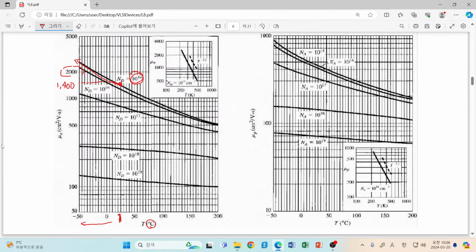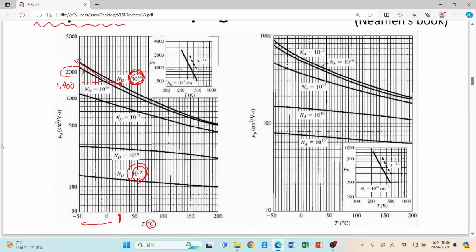For example, compared with 10 to the 14, a doping density of 10 to the 19 will have 100,000 times more electrons inside it. So its electrical signal will also be that many times higher, and it is easy to detect. I mean, the electrical signal means the current.